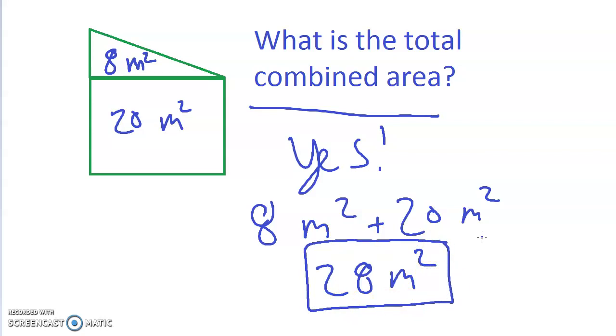Would it be meters to the 4th? Well, I beg of you to think of it this way. If we ever have to add money together, you wouldn't say $3 plus $4 is $7 squared. You would just keep them as dollars. And when you add units, it's going to be the same way.